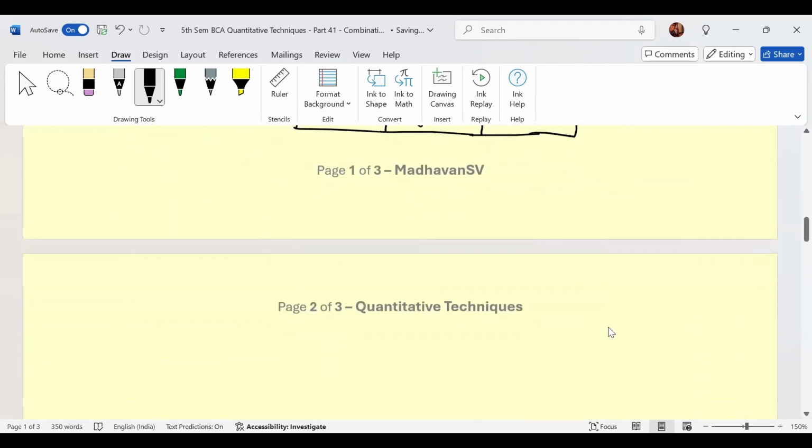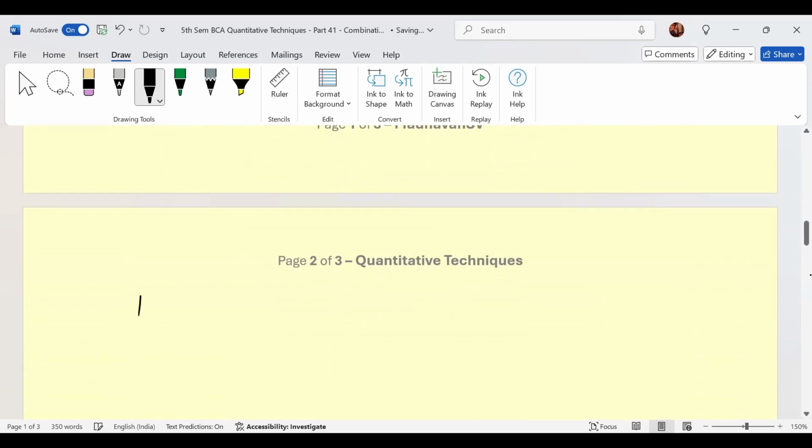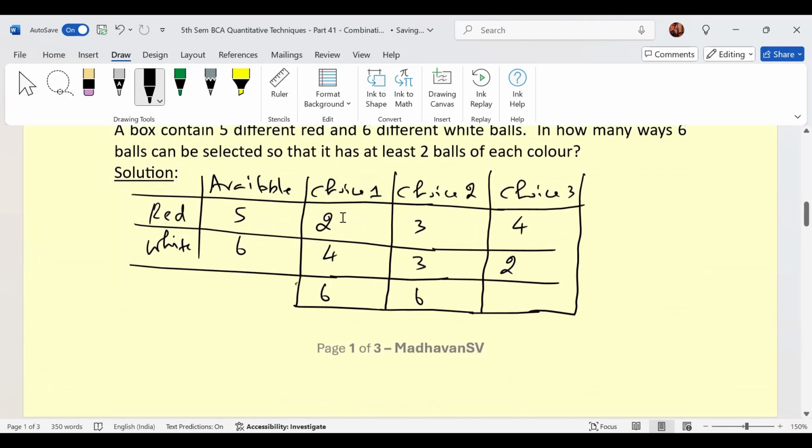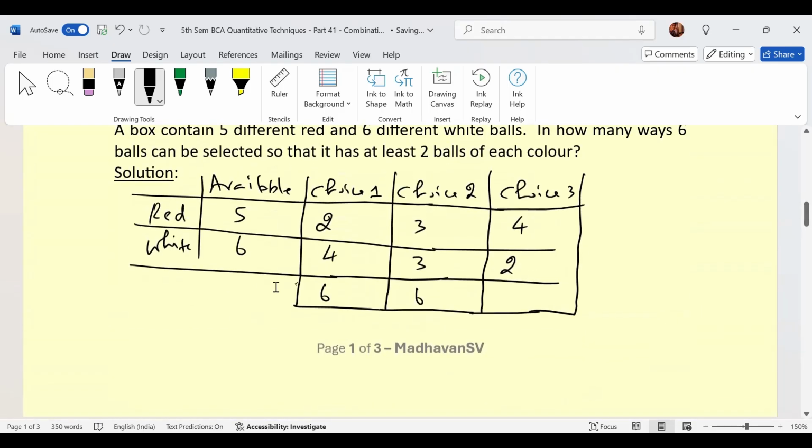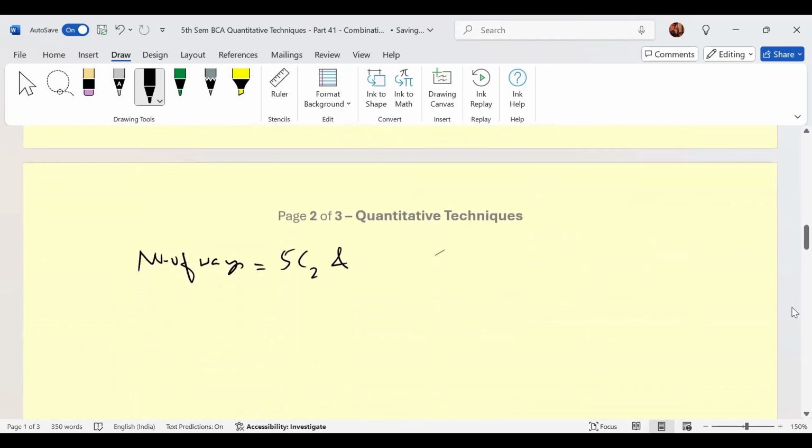Now let us evaluate the number of ways. First one, we need to choose 2 out of these 5, so 5C2, and we need to choose 4 out of these 6.